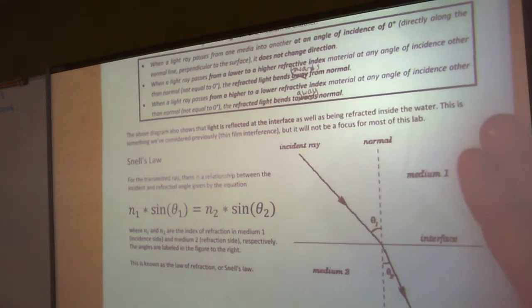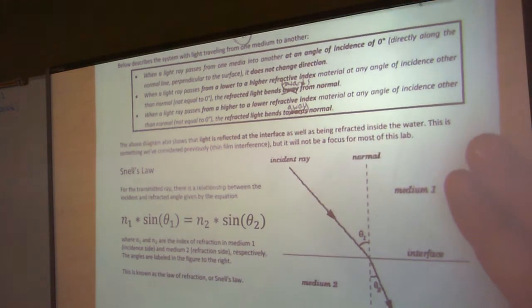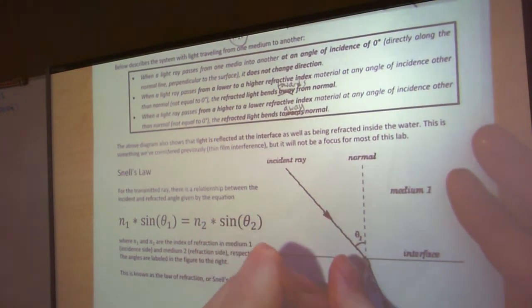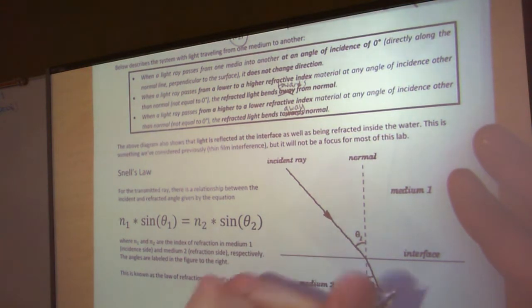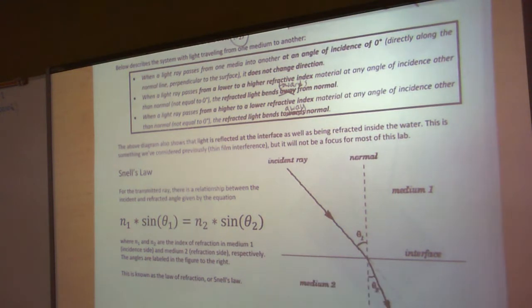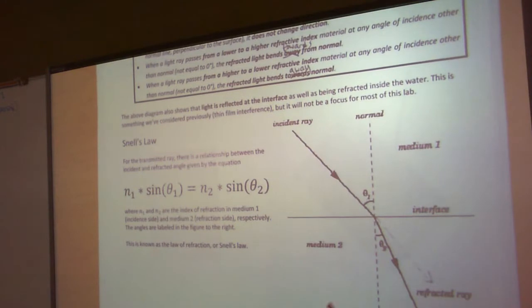And one thing that I suggested to a student just now is that this incident ray, we can draw that continuing with the dashed line too, right? And say this is what it would do if it wasn't refracted. But it is refracted, so it's going to bend from this straight direction towards normal.